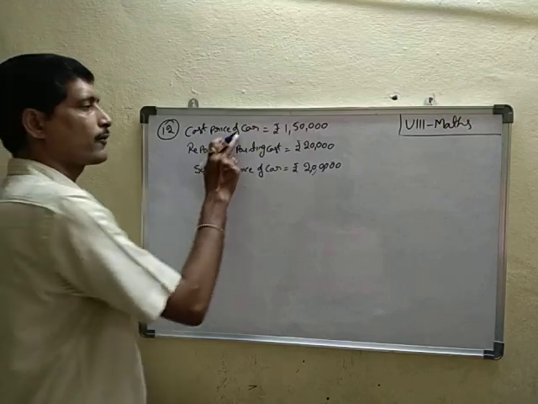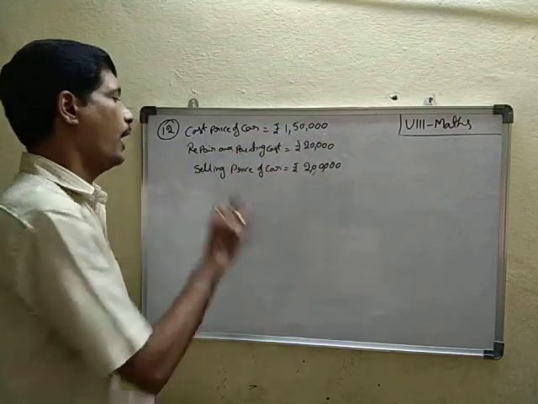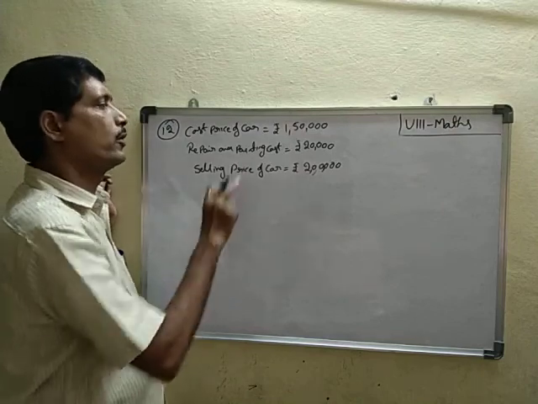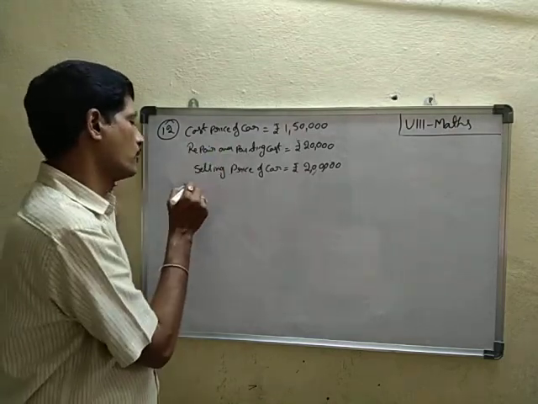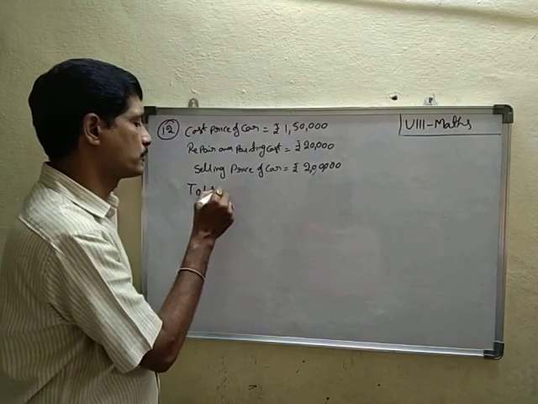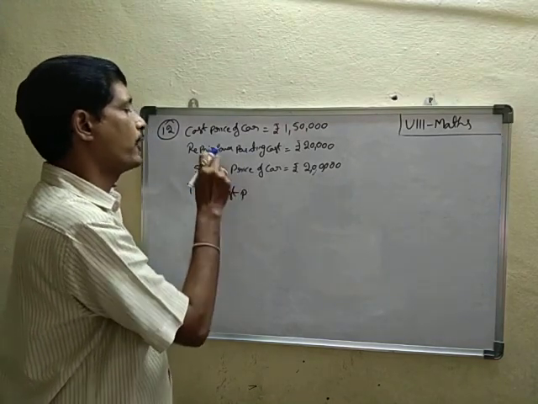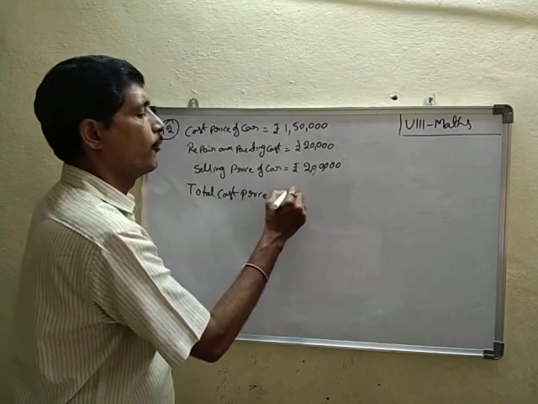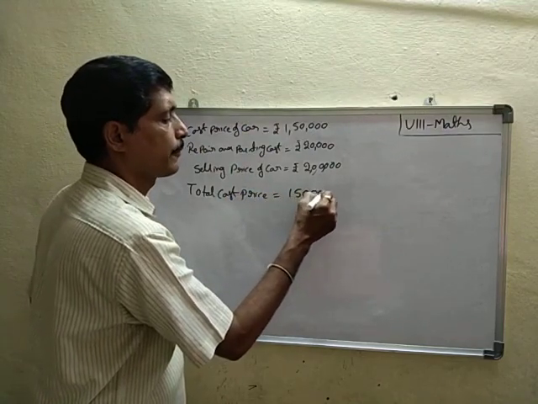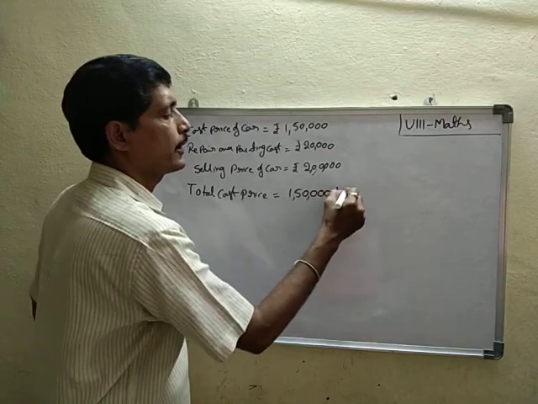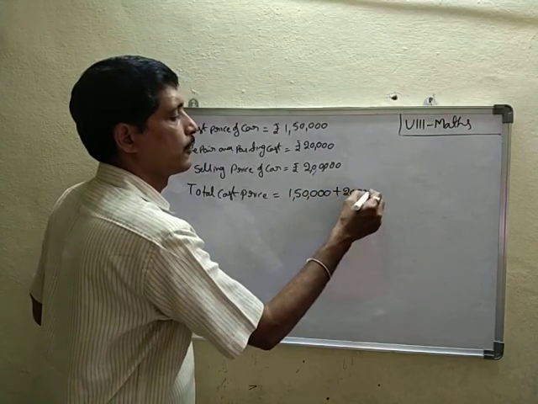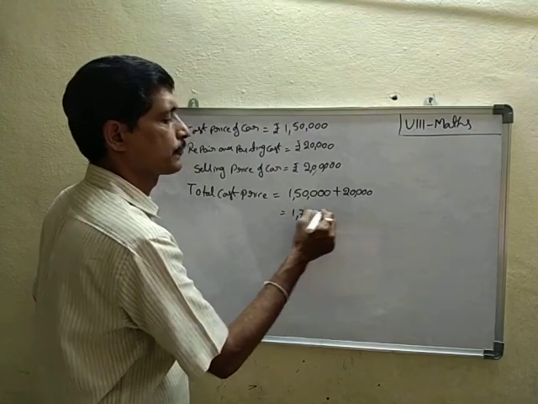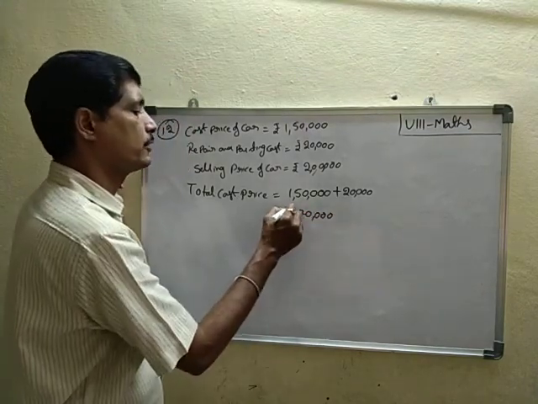Here the cost price of the car is 1,50,000, and the repair and painting cost is 20,000. Therefore, first find the total cost price. Repairing also counts as cost price. The total cost price equals 1,50,000 plus 20,000, that equals 1,70,000.